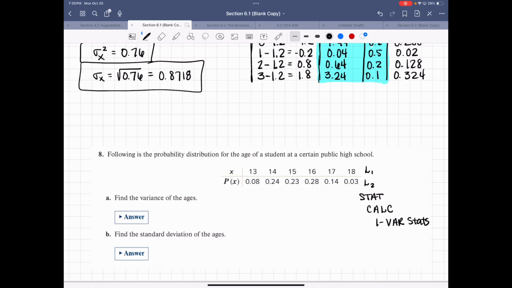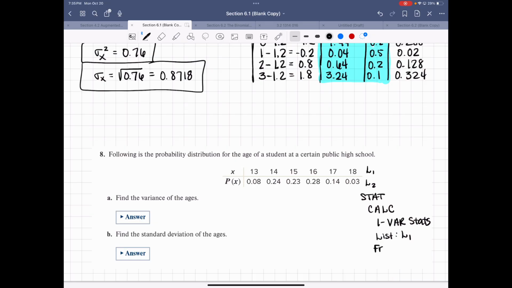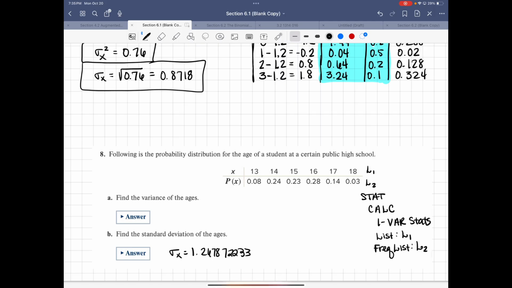Okay, then your list is L1, and your frequency list is L2. Hit calculate. You produce the standard deviation of x equals 1.267872233. So we went in reverse.